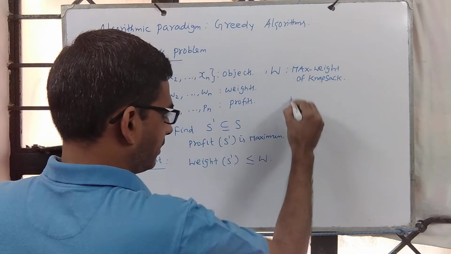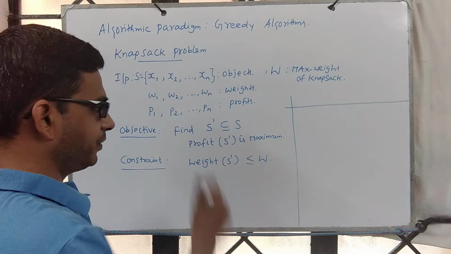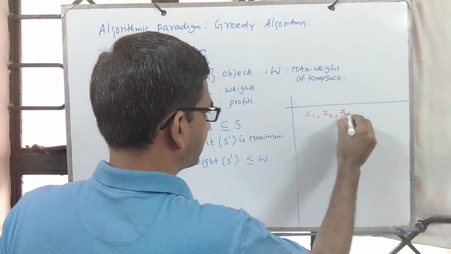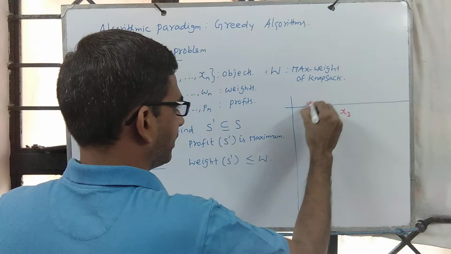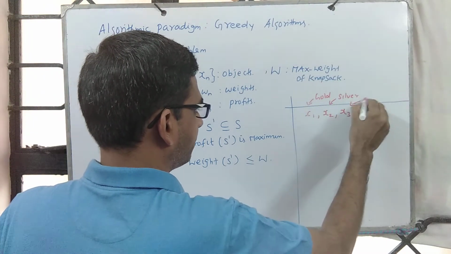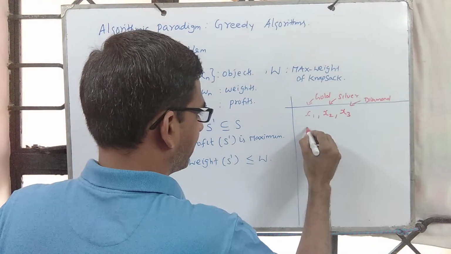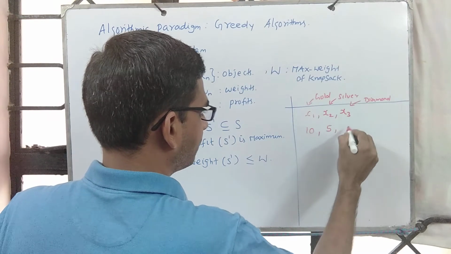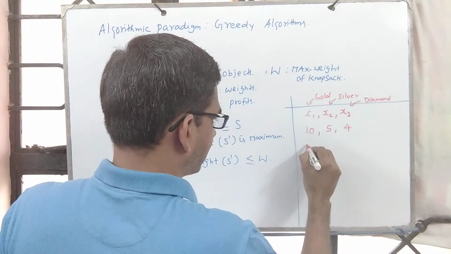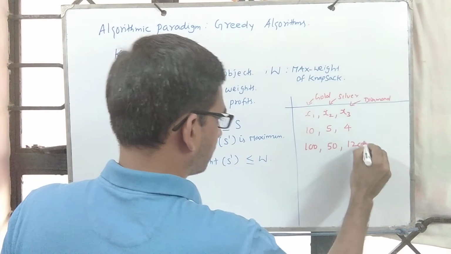Let me give you an example so that you can appreciate the definition better. Then we will get into the details. Suppose there are three objects, say x1, x2, x3, and this could be, say, gold, and this could be silver, this could be, say, diamond, and the weights are something like say 10, 5 and say 4, and the profit is say 100 and 50 and say 1200.